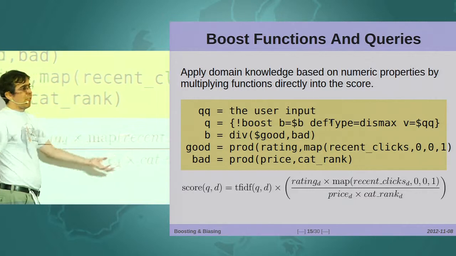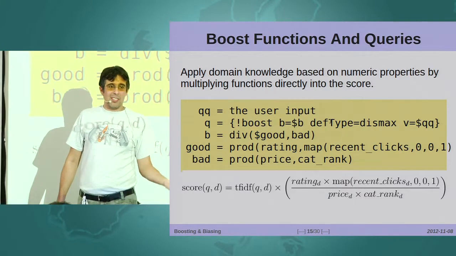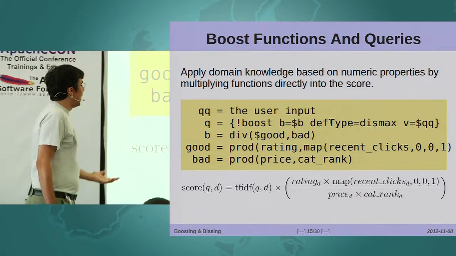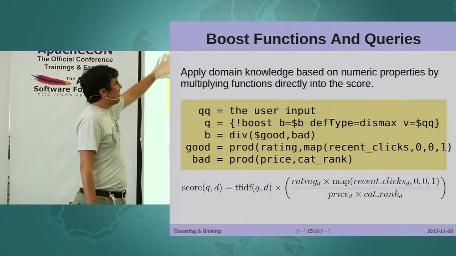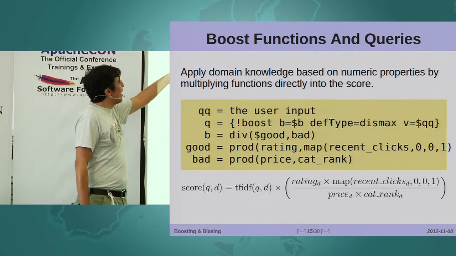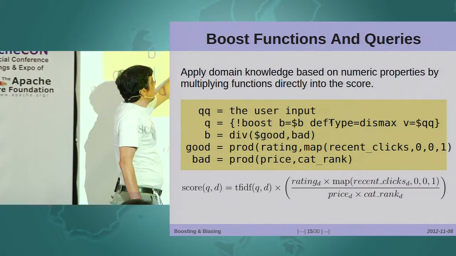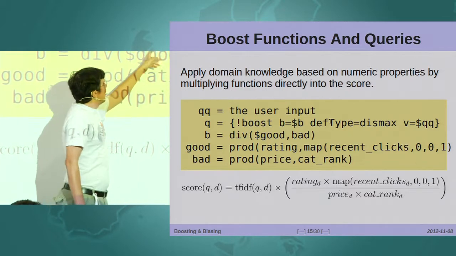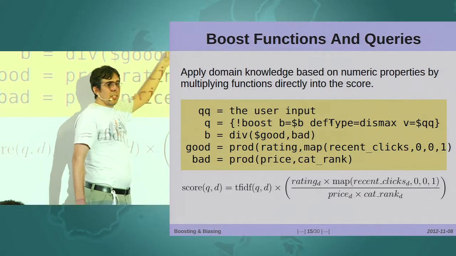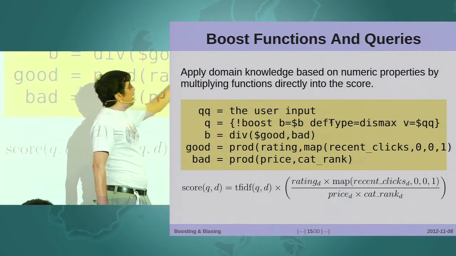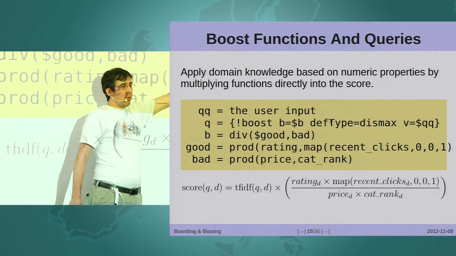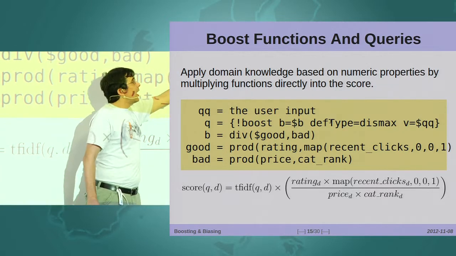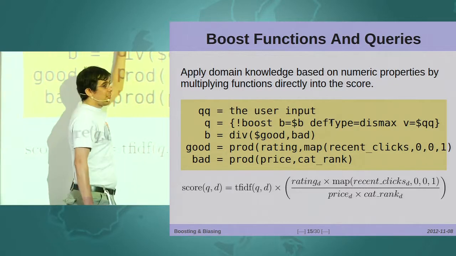This is a special function that Solr has, because Solr has lots of functions to help me with this. This is the equation I want, and this is how I express it. I say my query is a boosted function specified in the b parameter. The boosted function will be multiplied by however my main query is parsed. Here I'm saying it's parsed using dismax, and it comes from this other parameter.